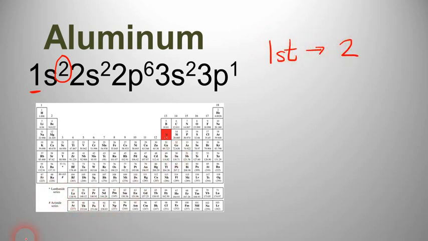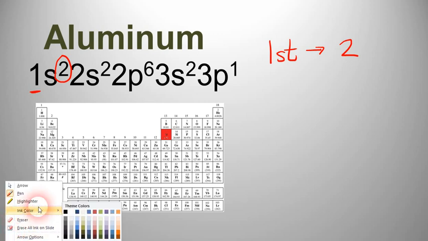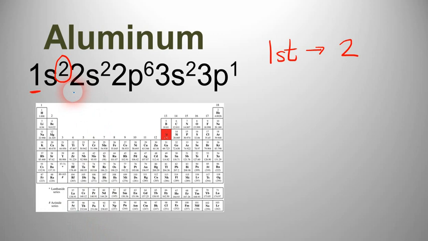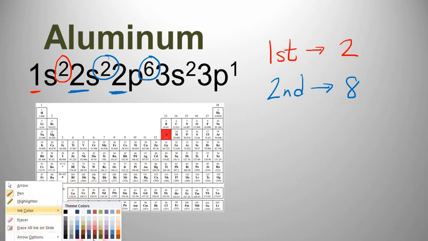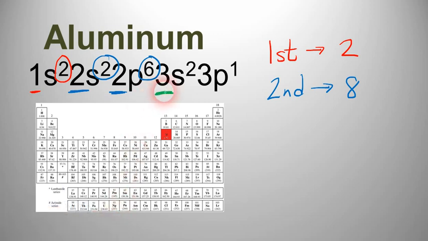And then, if we want to look at the second energy level, then these 2's out in front represent the second energy level. So we have 2 plus 6, which is 8. So in the second energy level, we have 8 electrons. And then we can look at the third energy level. So the 3's out in front here represent the third energy level.